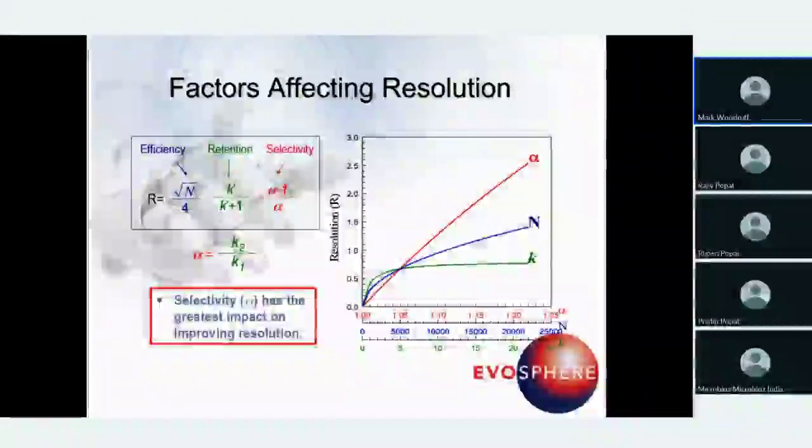So the selectivity mostly comes from our stationary phase. And that's why today we're going to talk about a few new stationary phases in terms of the selectivity that they provide, but combine that with an increase in efficiency based on a new type of silica particle.